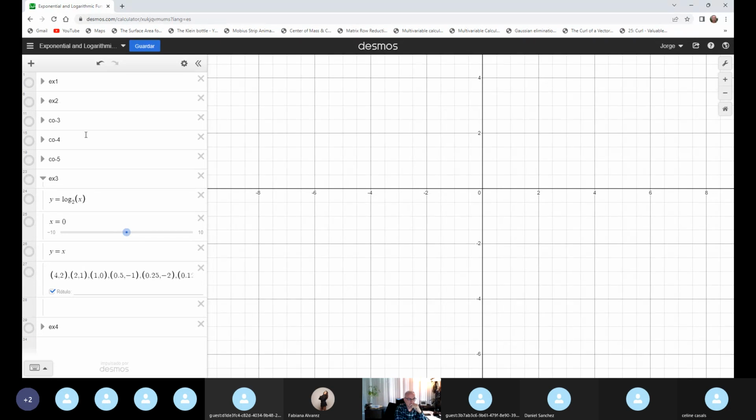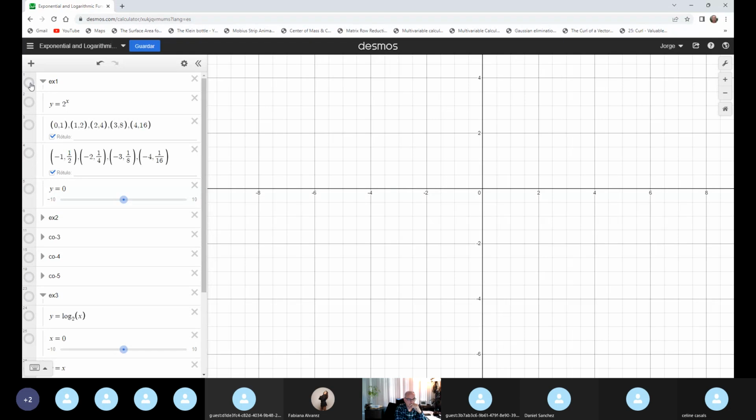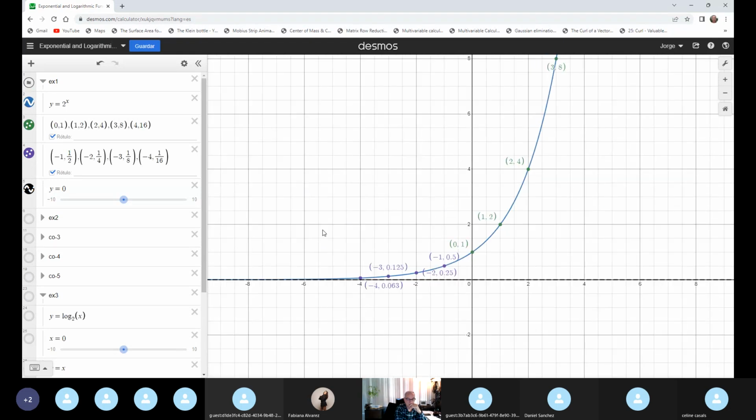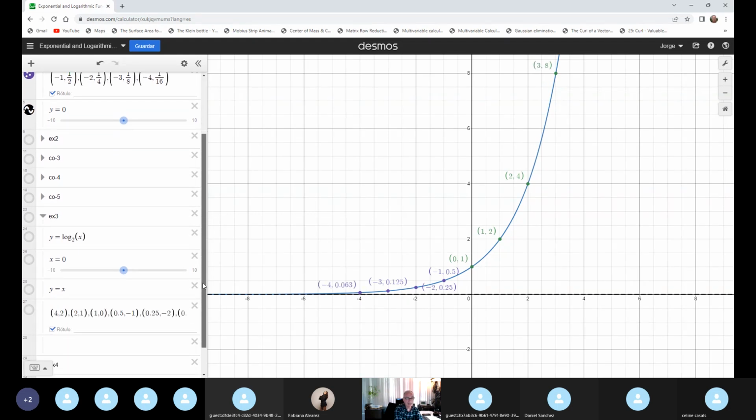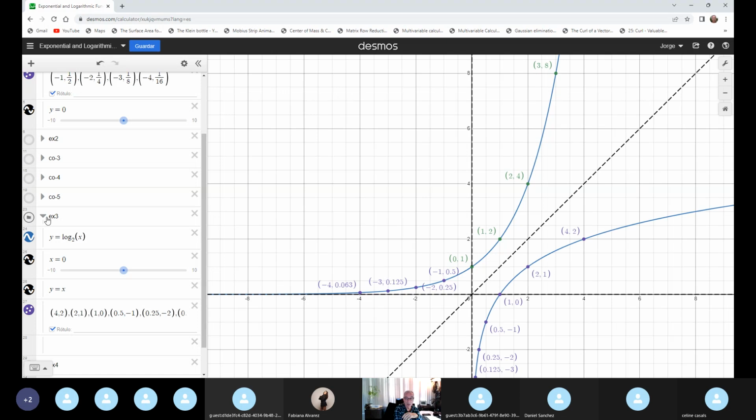Okay, I want to show you one more time the exponential, with the base greater than 1, which is exponential growth, or increasing, whatever you want to call it. However, I want to find the inverse function of this, and the inverse function is logarithm base 2. Look at the graph there.